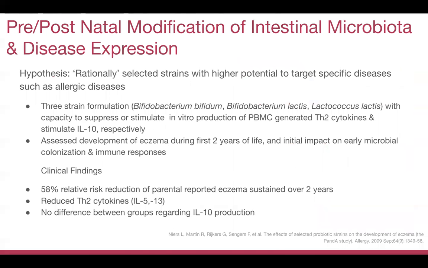In 2009, Niers et al. undertook a study that explored the potential for modulating disease risk by therapeutic intervention during the window of opportunity. The authors considered that modification of the intestinal microbiota by administration of probiotic bacteria might be a potential approach to preventing allergic disease.